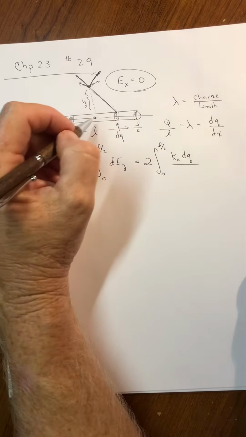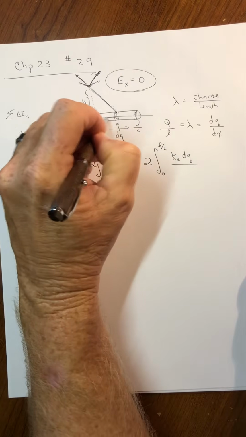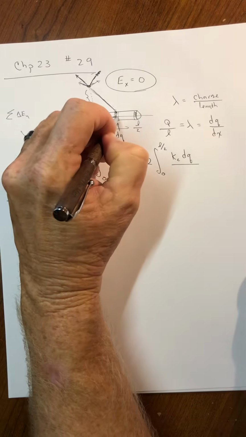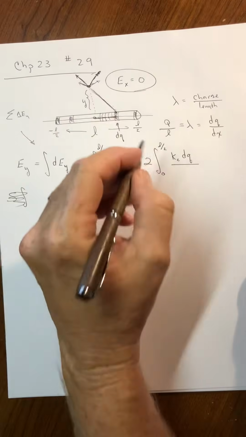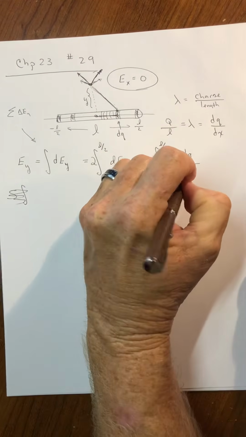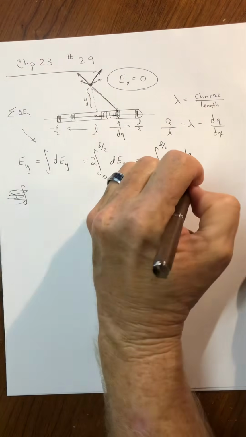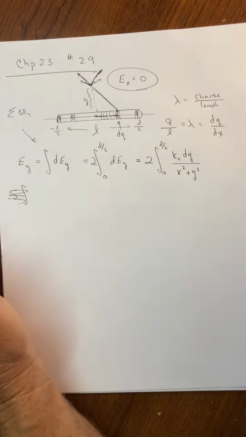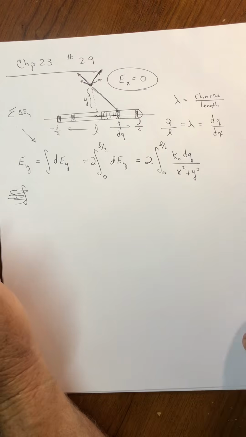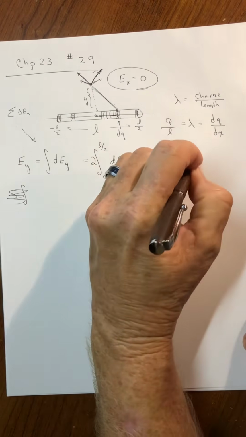But if I use Pythagorean theorem, this is at some position x that's changing as I go to each little chunk along the rod. So I will represent that as just an x squared. And then this doesn't change, so this is a y squared. And so that is the magnitude of it.